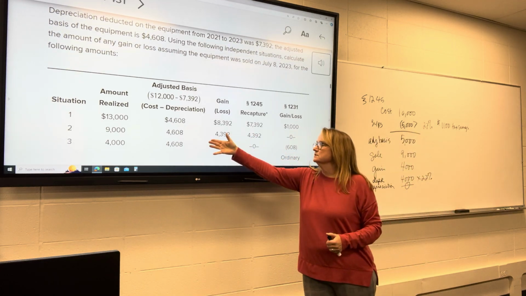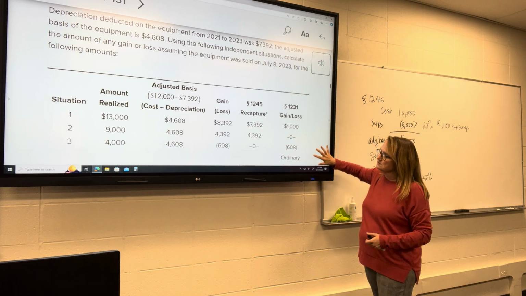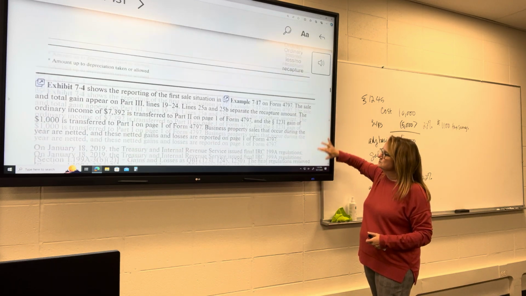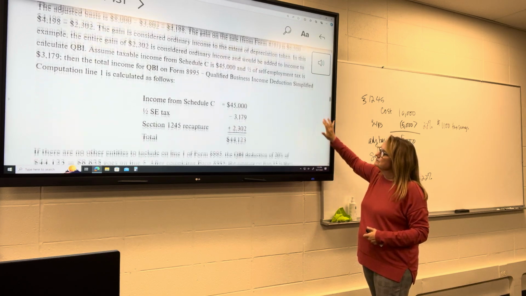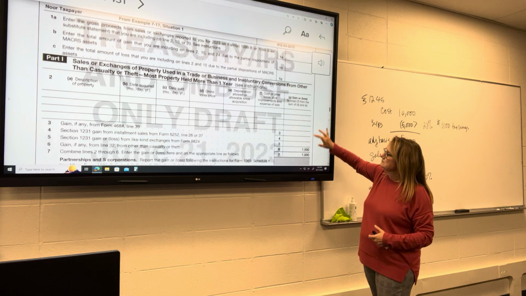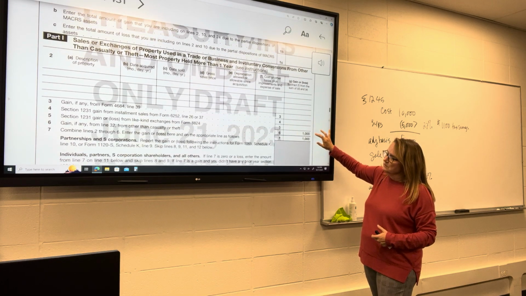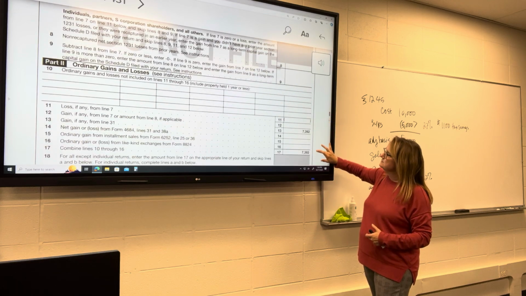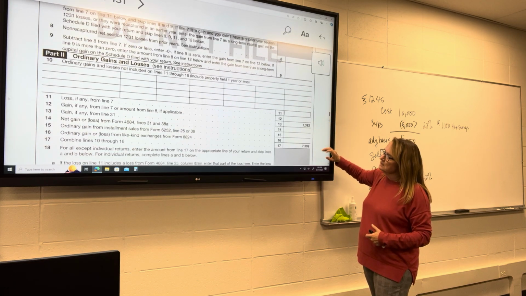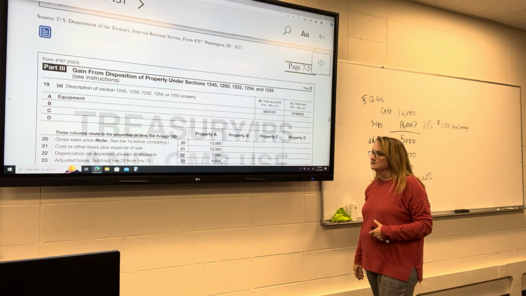So 13,000, this is 1245 property, adjusted basis 4608. Okay. So on the 4797, we're going to fill out, like I said, this stuff is entered on the second page of the 4797.